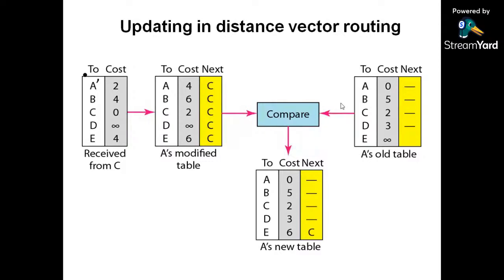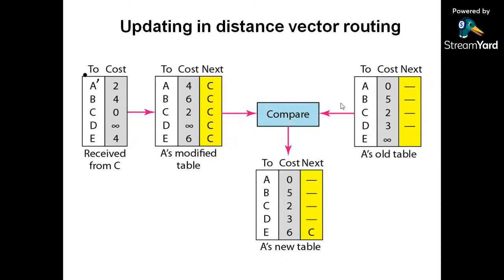If you compare in this diagram A's modified table and A's old table, A's distance is 0 and 4, so the smallest cost is considered. In the old table we consider 0, as compared to 4 it is smaller. Next, B's distance is given in both tables: 5 and 6, out of which 5 is smaller, so we consider the cost of B as 5.